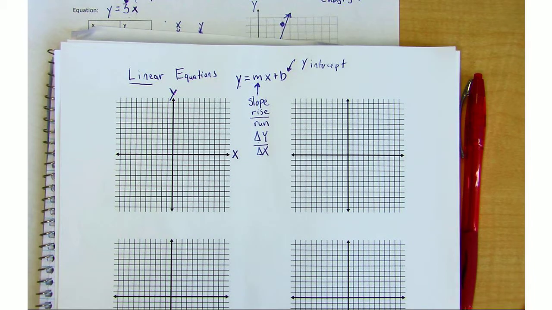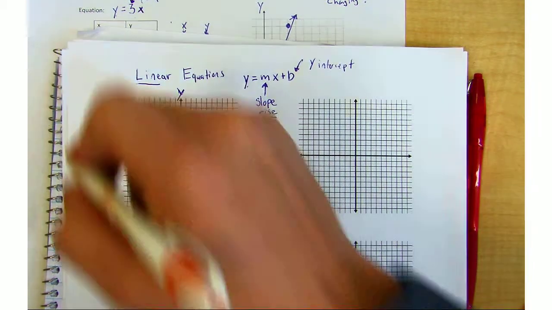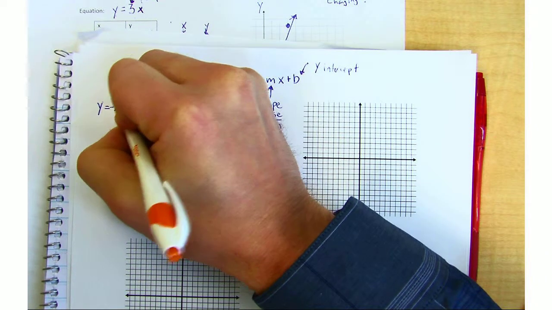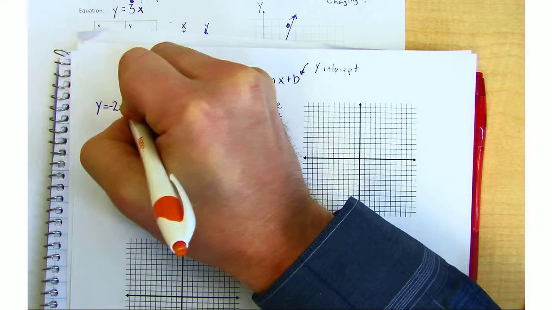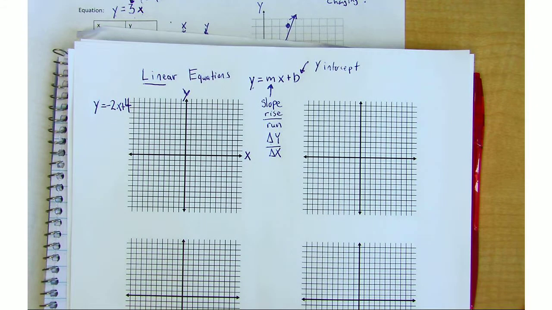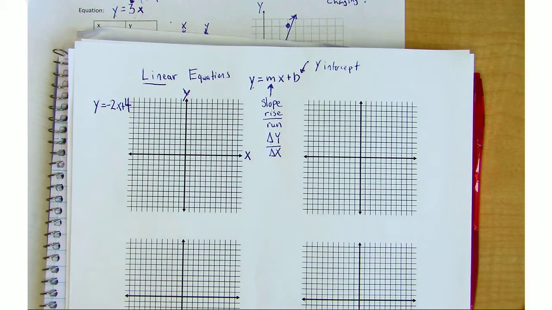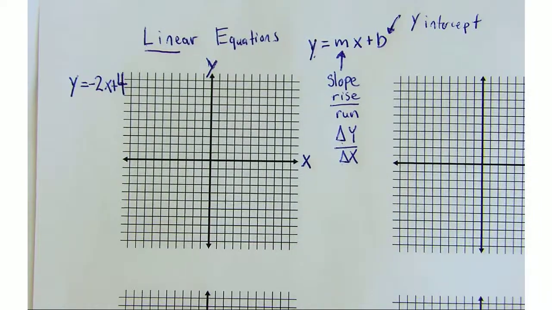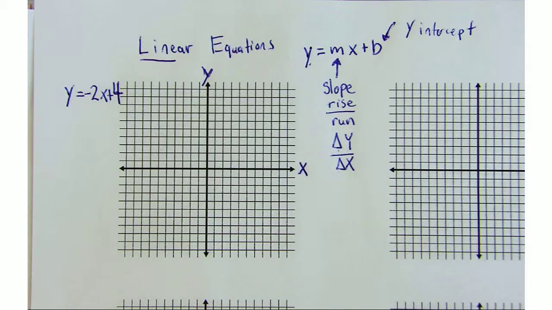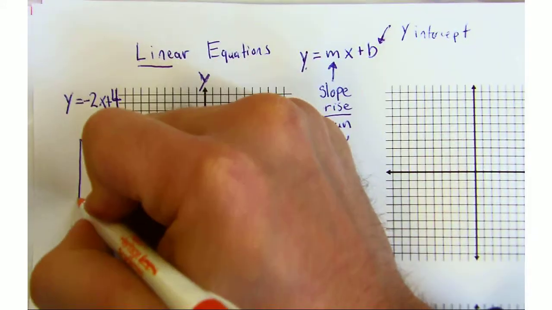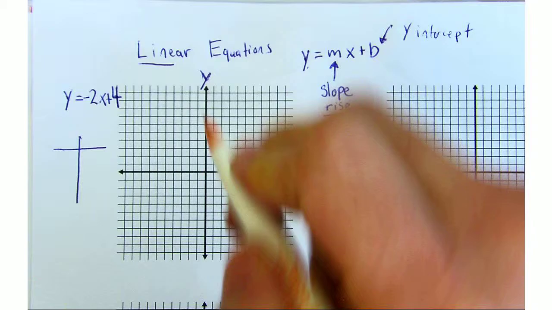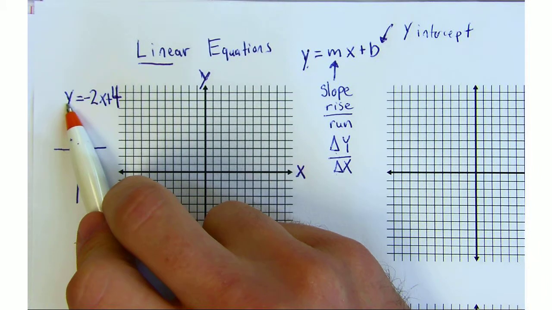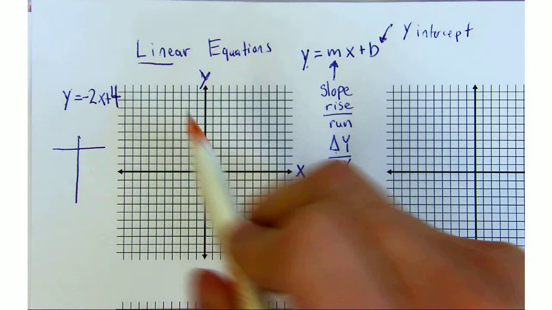So what this would look like is, you might have something like y equals -2x plus 4. With that, we're going to make a table, because anytime you have two variables, that's saying you could graph this.